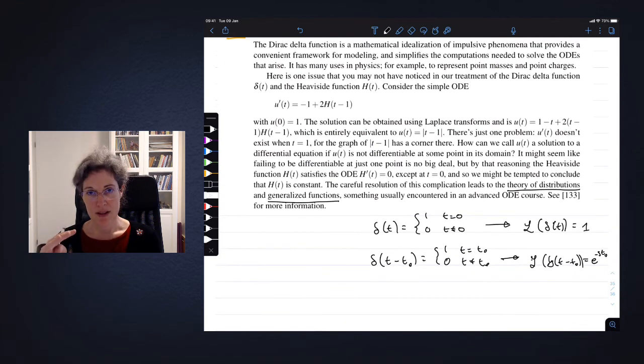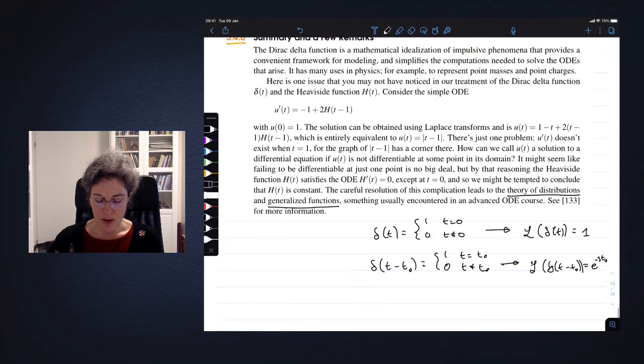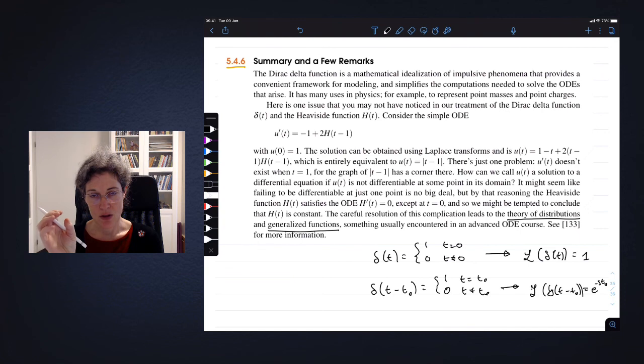So those are the key things that you need to know, and you need to know how to set up an ODE and solve it when we have forcing functions that might have discontinuous components.